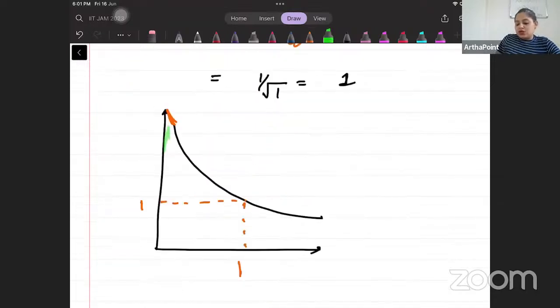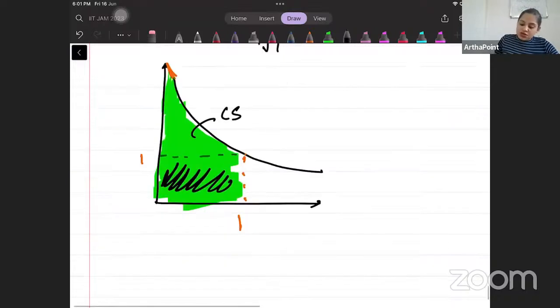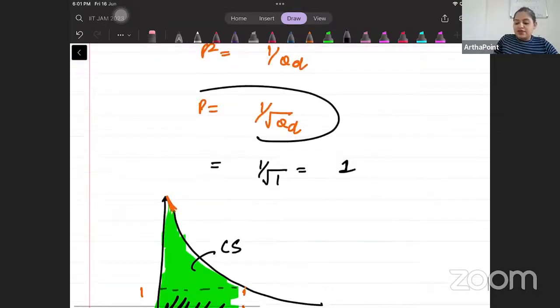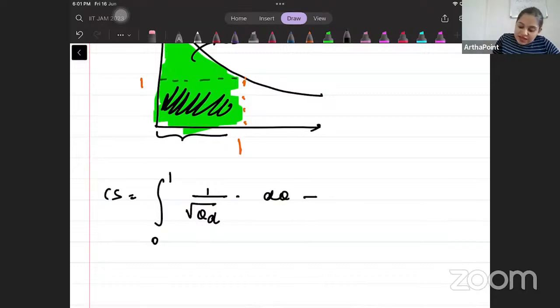So the area below this, if you integrate it, you will get the area below this. And out of it, if you subtract this one, then you will get consumer surplus. So consumer surplus is, beta, if I integrate from 0 to 1, what will I integrate? I will integrate this curve, 1 by root QD into dQ. And I will subtract this rectangular area, which will be 1.